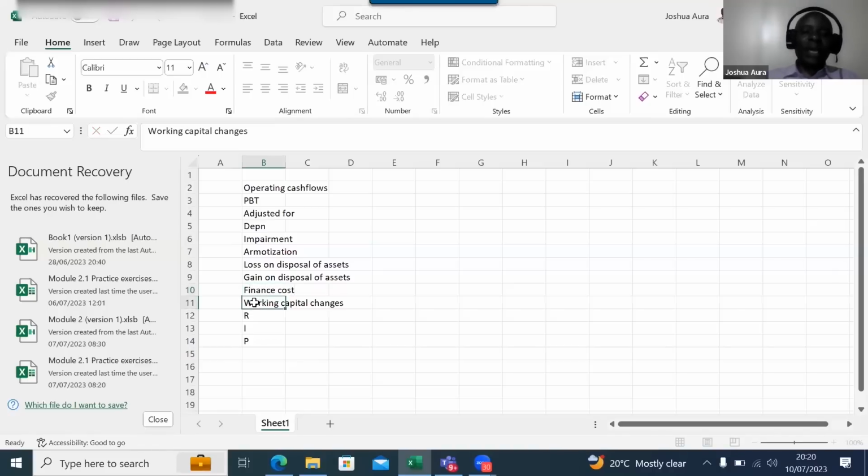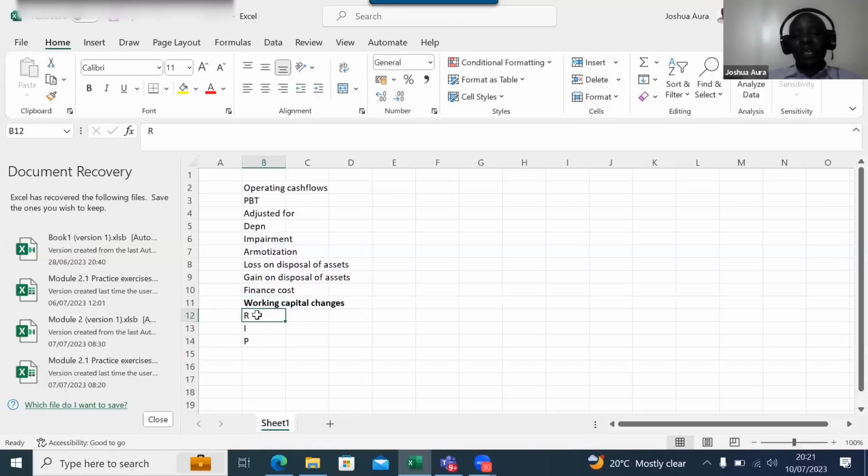And then we have our working capital. What do we have here, ladies and gentlemen? For working capital, we know we have 3 components. The first one is the receivables, the second one is the inventory, and the third one is the payables.